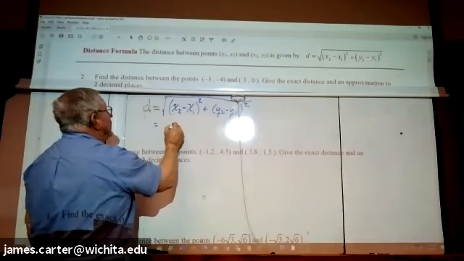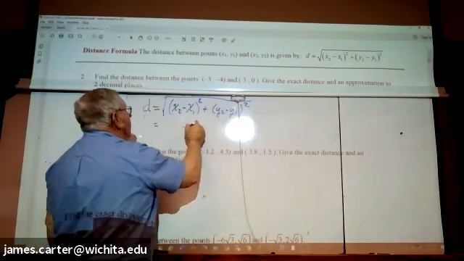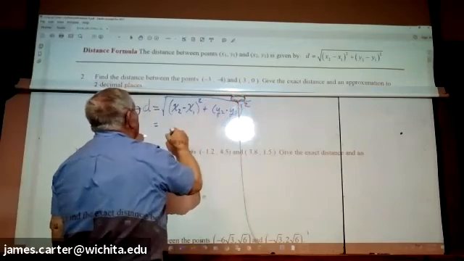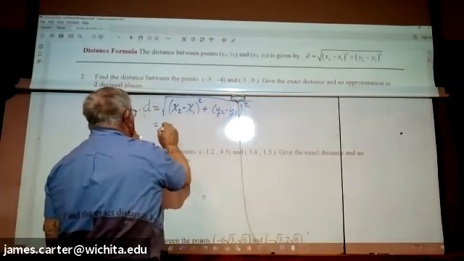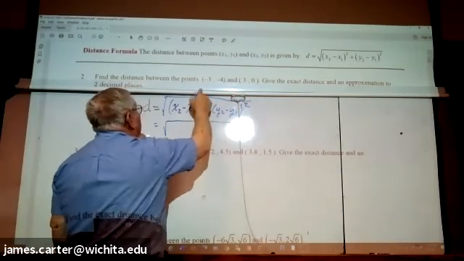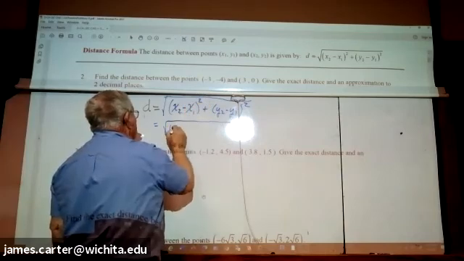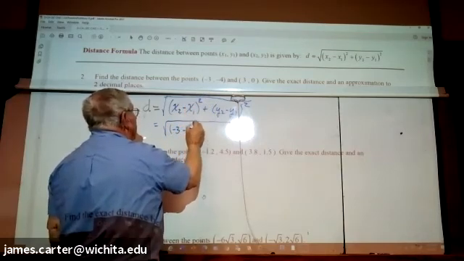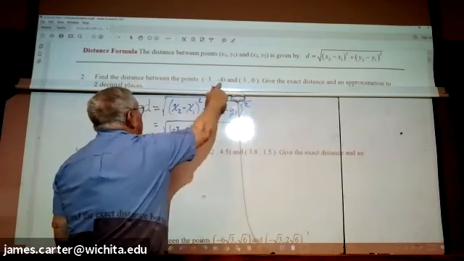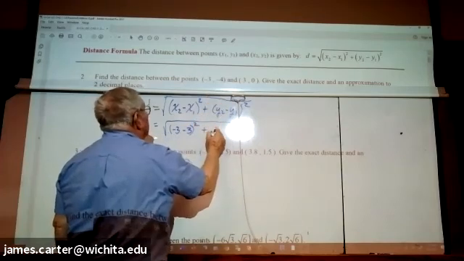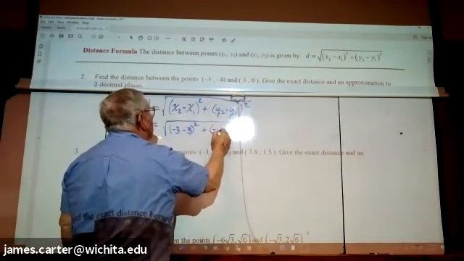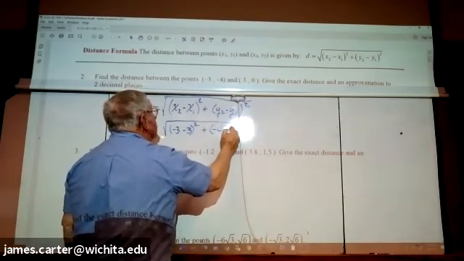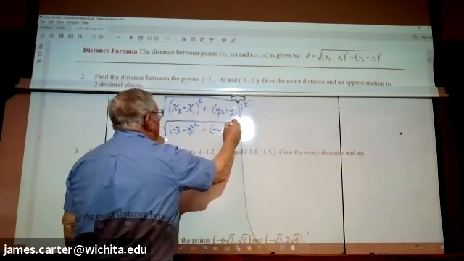So putting in the values, if I call this point 2 and I call this point 1, then I first look at the x values here. -3 minus 3 squared. Now I'm going to look at the y values. -4 minus 0 squared.